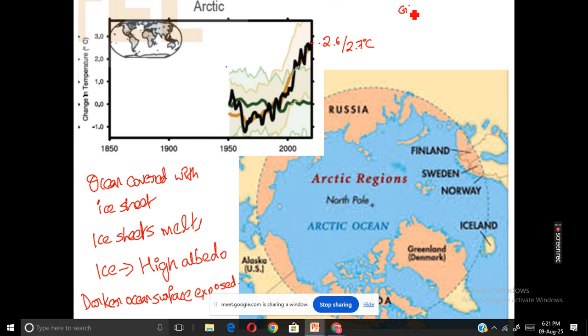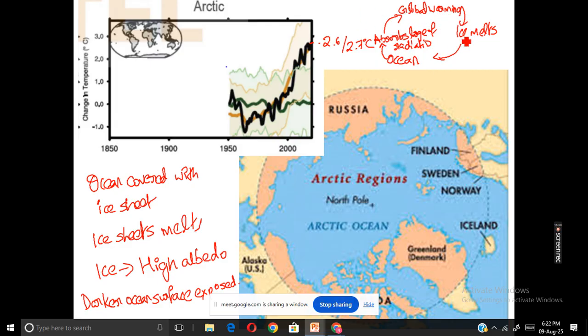What happens is that due to global warming, ice sheets melt. This exposes the ocean, which absorbs a large amount of solar radiation, which will again in turn amplify the increase in temperature or the global warming.